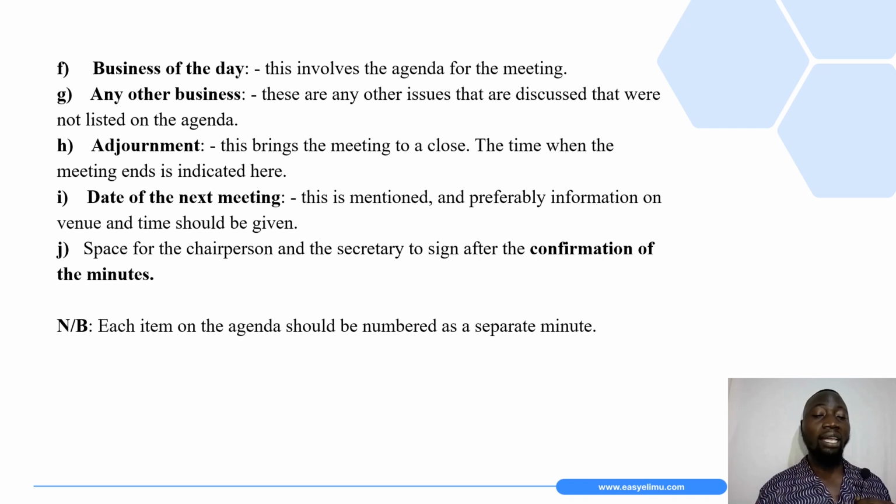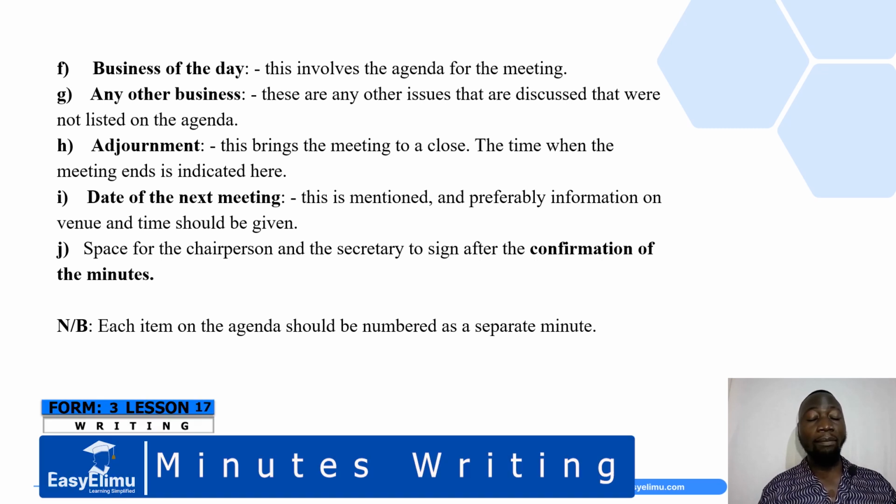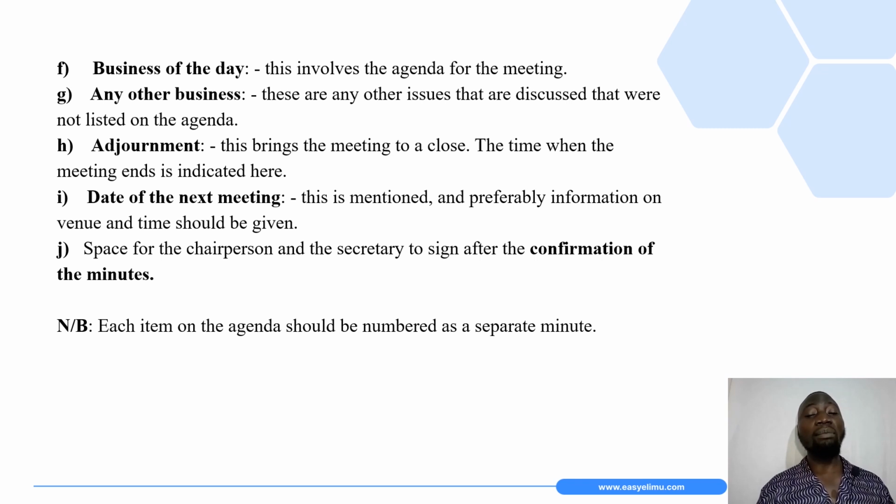So remember, the minutes for the previous meeting are signed in the current meeting, then the meeting that has just been held, that is the business of the day, will be confirmed and approved or signed in the next meeting. So also remember that each item on the agenda should be numbered as a separate minute.